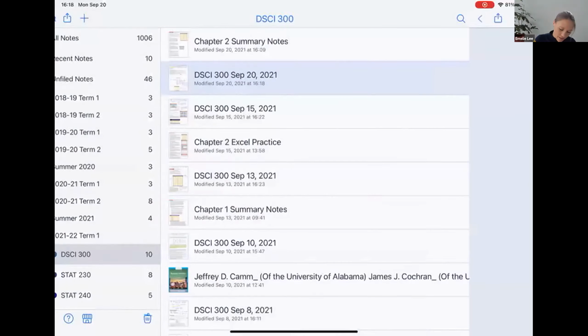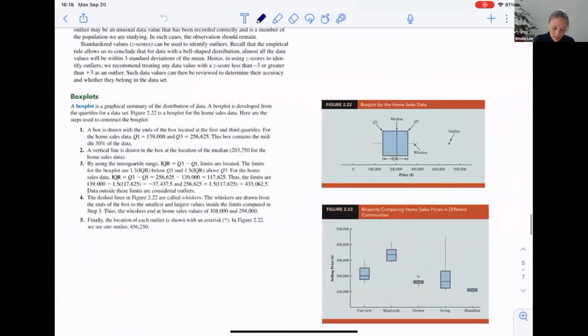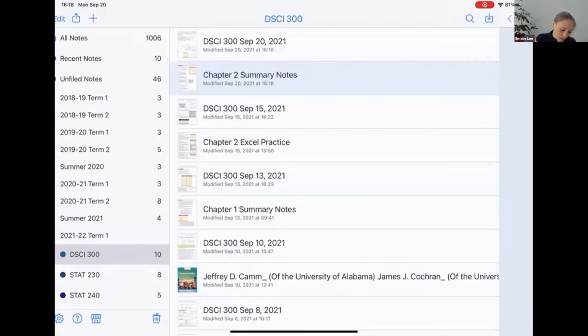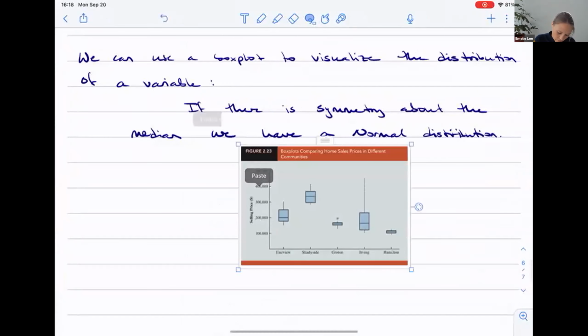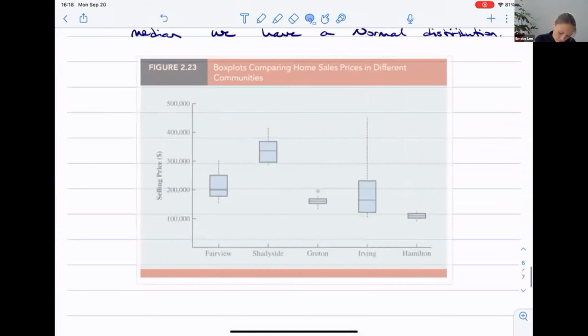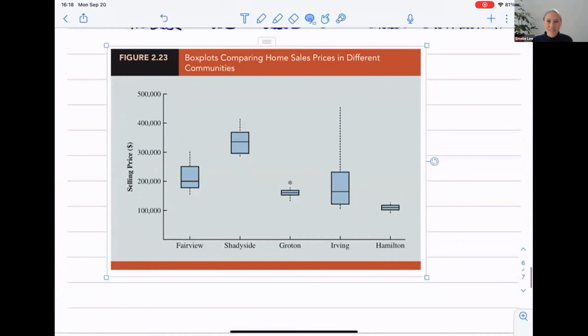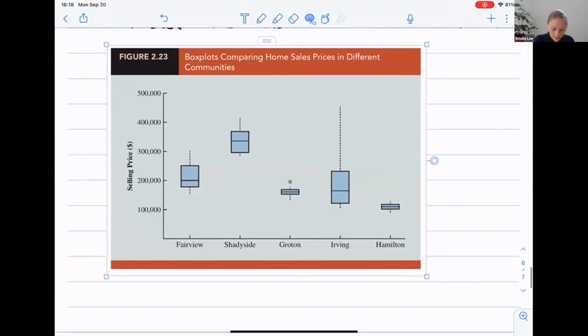So we can compare distributions, and usually this is how we use the box plots, using side-by-side box plots. And what's nice here is we get to see a couple of different distributions, right? And now we've got this categorical variable that split our data up into different categories, right? And this is how we typically end up using a lot of our categorical variables.